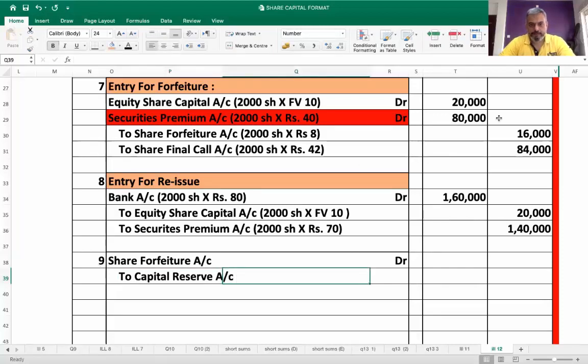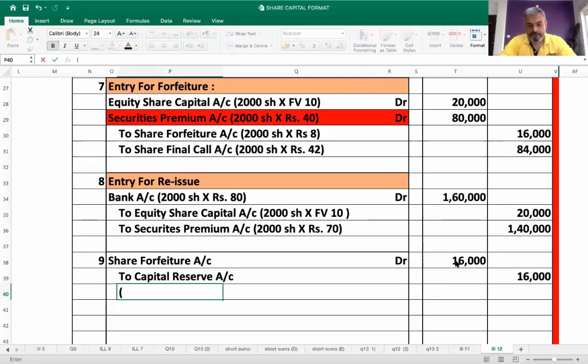Now one way is you can do 16,000 minus 0 because कुछ भी हमने further किसी को discount दिया नहीं. So one thing is you can directly write 16,000 if number of shares forfeited and number of shares reissued are the same. We can go for credit balance of share forfeiture account minus debit balance. But if they are not same, then we do the working.